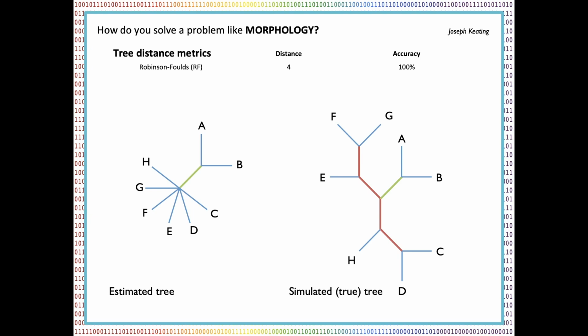As such, the estimated tree is 100% accurate. All of its bipartitions are found in the simulated tree. However, a tree with a single bipartition does not contain much information about the evolution of its taxa. Consequently, when assessing the accuracy of trees, we must ensure we do not also reward imprecision.